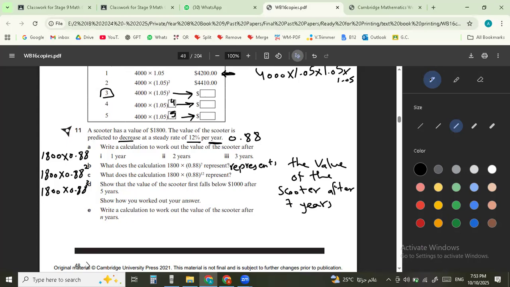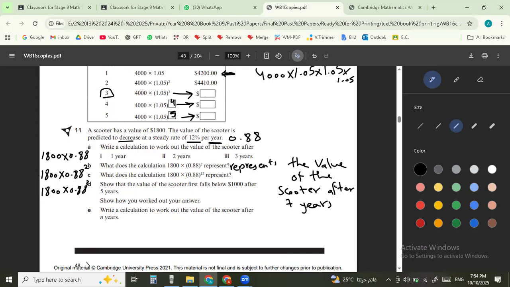This is what you're supposed to write. What does this calculation represent? It represents the value of the scooter after 12 years. That's what you're supposed to write exactly.